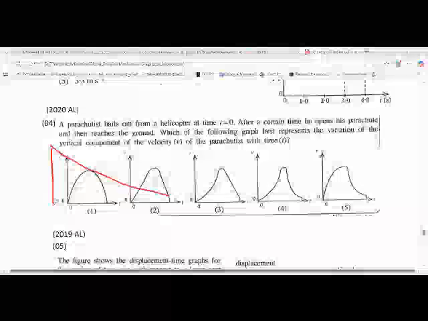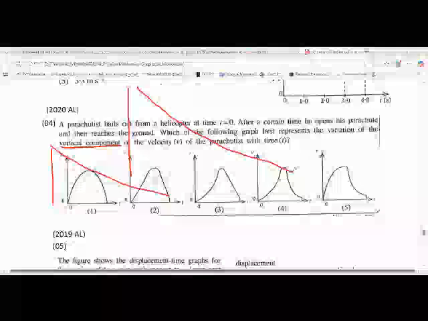Vertical component means he shouldn't be moving on a straight line. It may be that he moves on an angled line, but in this case we consider only the vertical component.